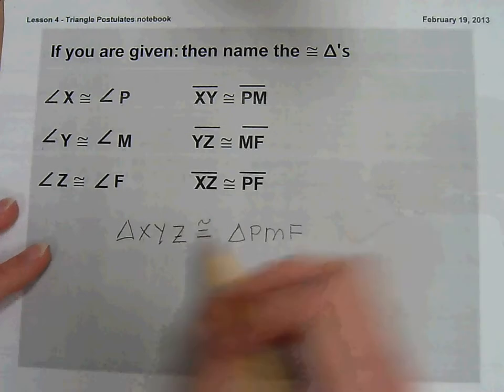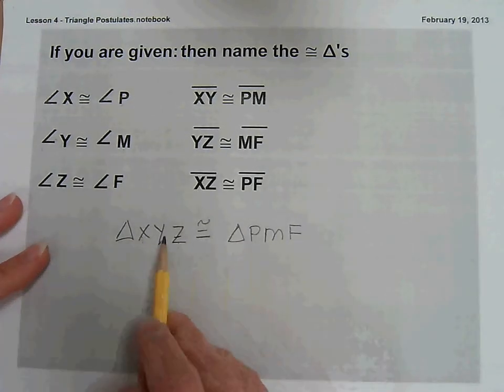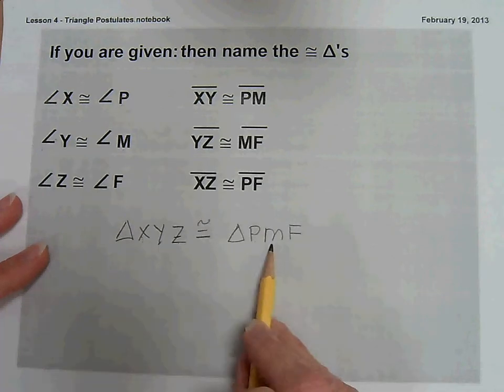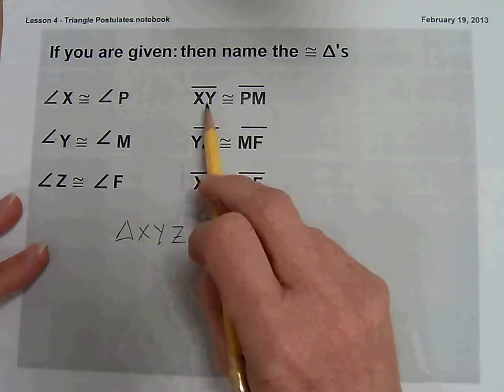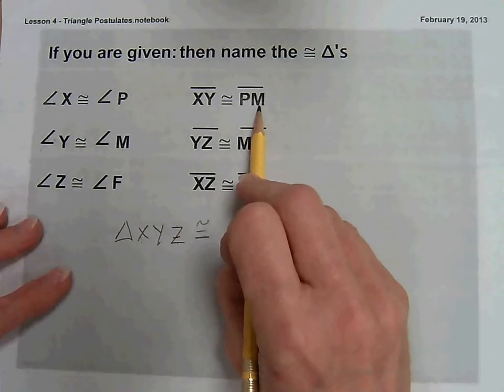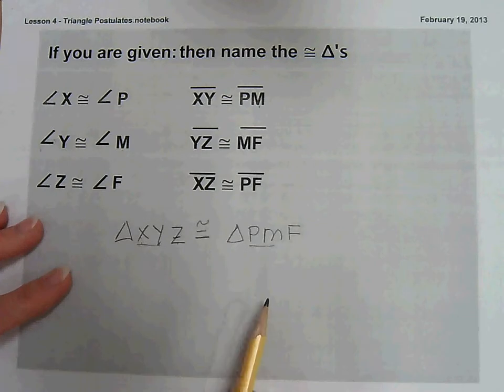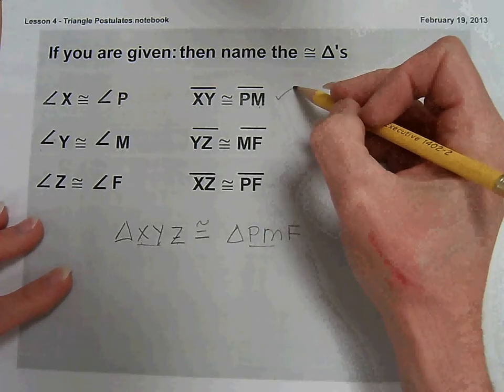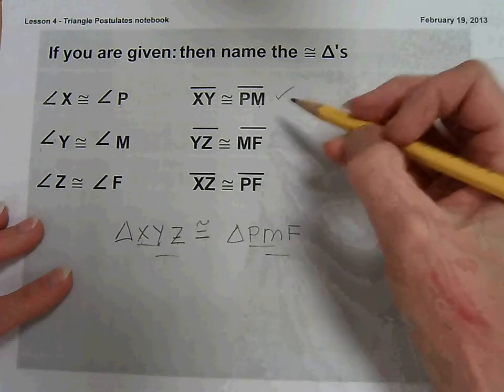Okay, so now we've got our angles lined up. Angle X is congruent to angle P, angle Y is congruent to angle M, angle Z is congruent to angle F. Let's make sure that we've got our segments set up. We've got XY congruent to PM, so that works. We've got YZ congruent to MF, so that works.